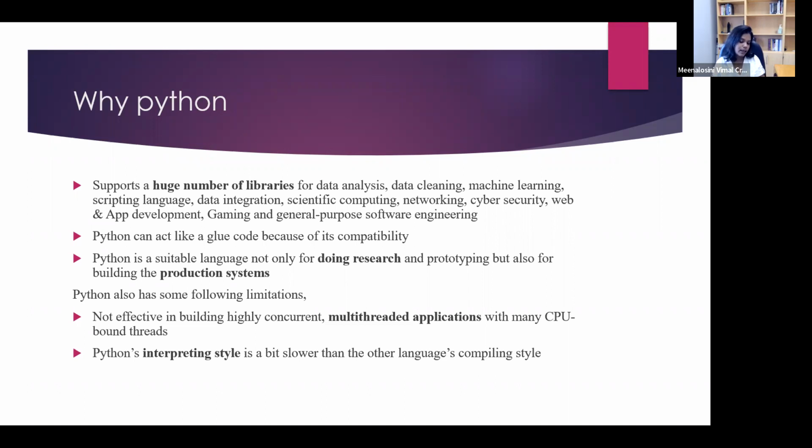But in certain areas, like multi-threaded applications, when you need to work with many CPUs together, for managing multiple CPUs together, it is not as good as other languages like C++. Another reason is that Python is an interpreted language. Other languages use a compiling style, but Python uses interpreting, which is a little bit slower comparatively to other languages.